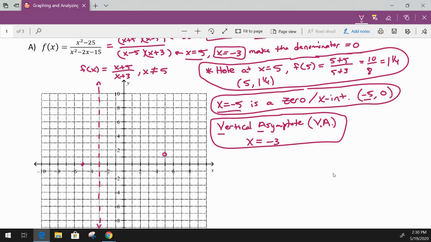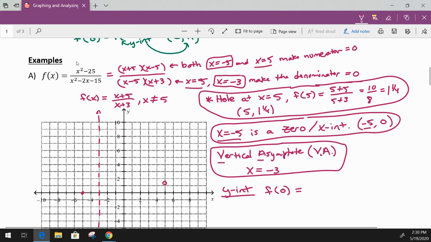All right, so what else? The y-intercept. So the y-intercept is basically the point that you get when you substitute 0 for x. So if we substituted 0 for x in either the original equation or the simplified equation, any term that has an x would automatically become 0.